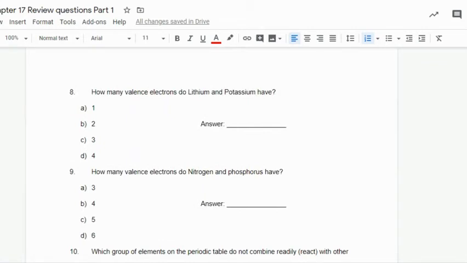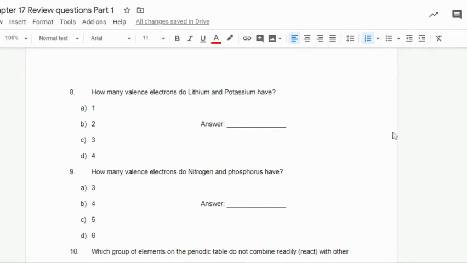Number 8, how many valence electrons do lithium and potassium have? If you look at your periodic table and you look at where lithium and potassium are in the periodic table, they are all on the far left-hand side, the first column beneath hydrogen.